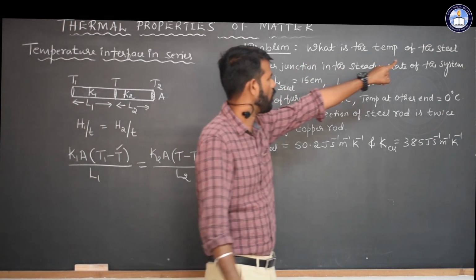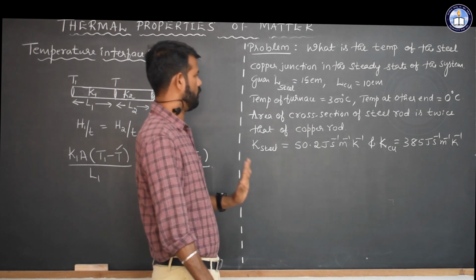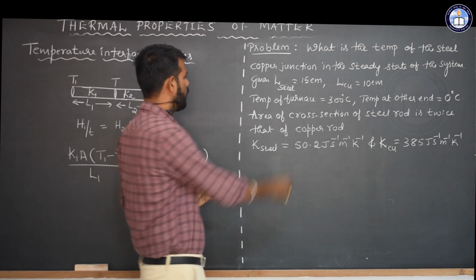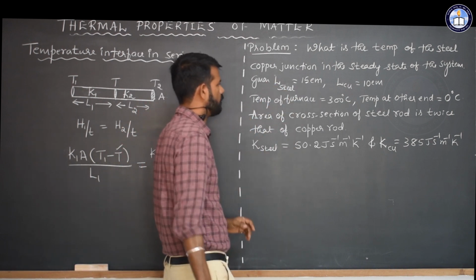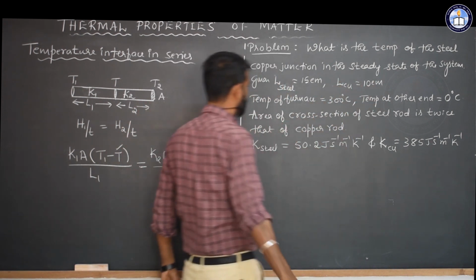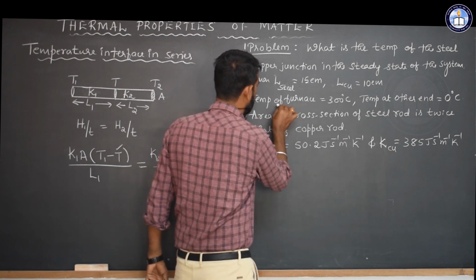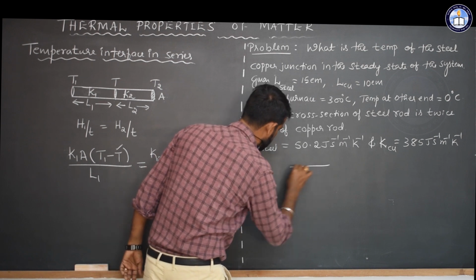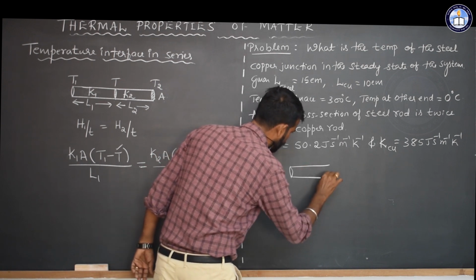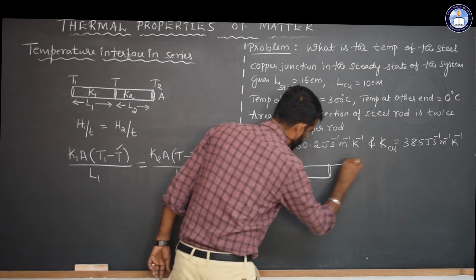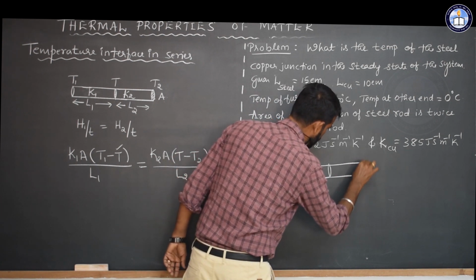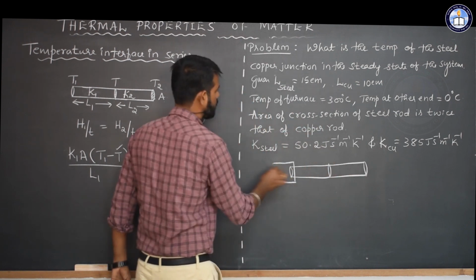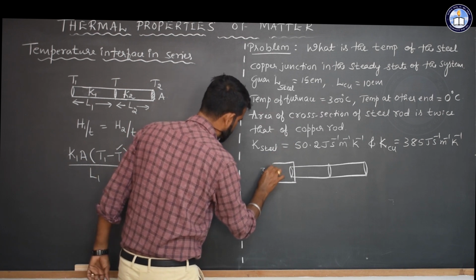What is the temperature of the steel copper junction in the steady state of the system, given that the length of the steel rod is 15 centimeter and the length of the copper rod is 10 centimeter? Here the two rods are connected end to end, whereas one end of this rod is kept at 300 degrees Celsius.